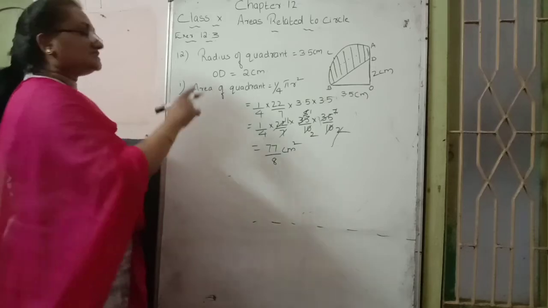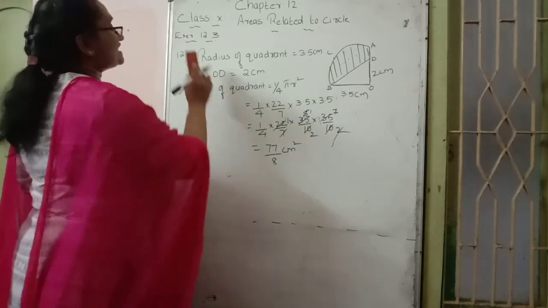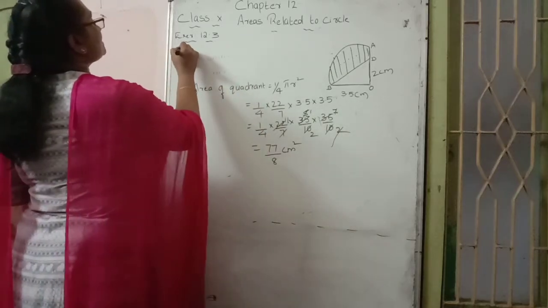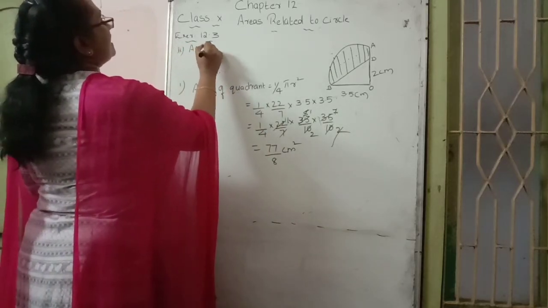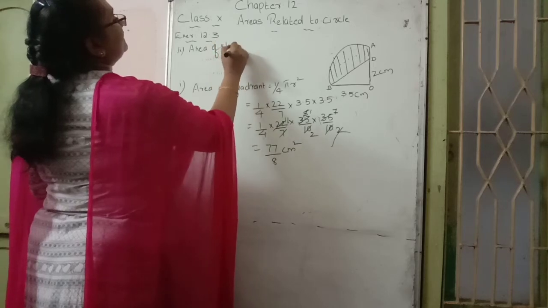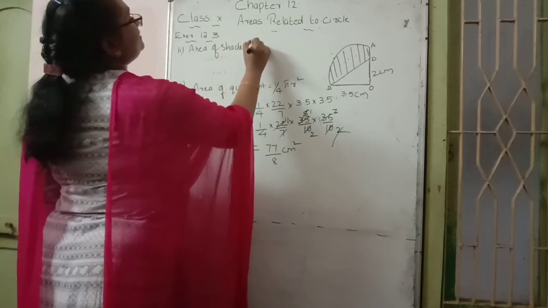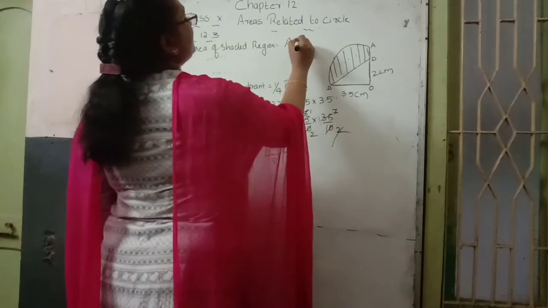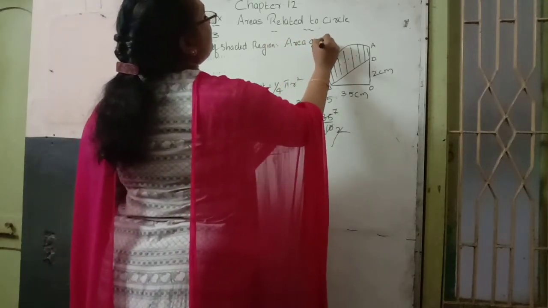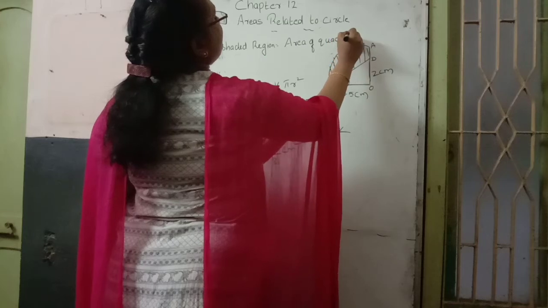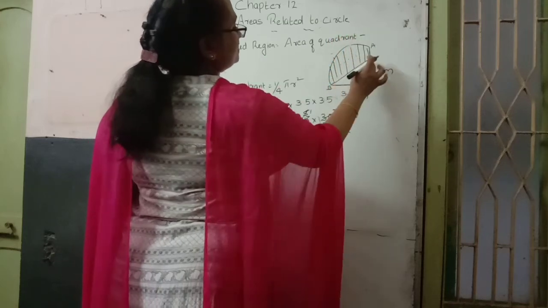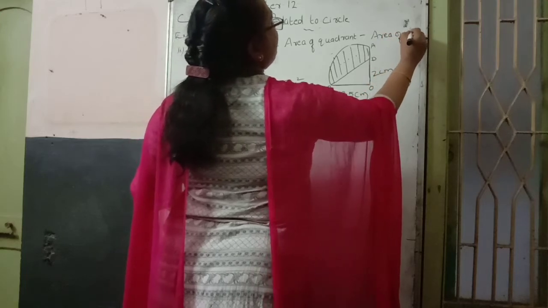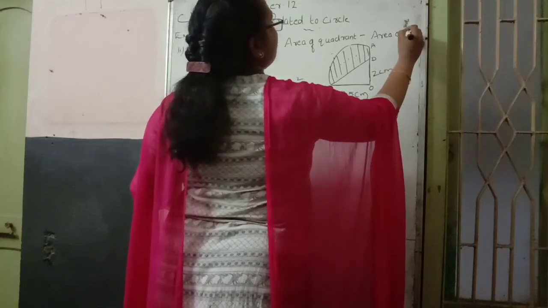First part done. The second part they ask is the area of the shaded region, this part. How to get the area of the shaded region? Area of a quadrant is subtracted with the area of this triangle. Which triangle?